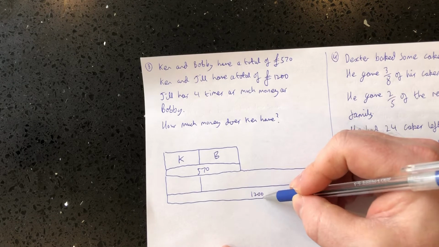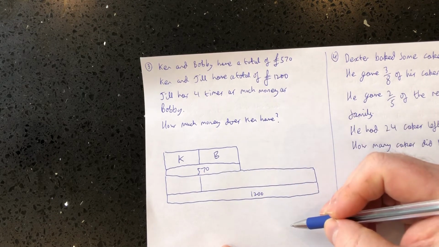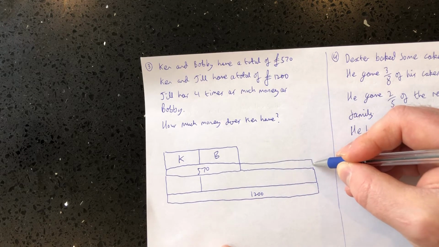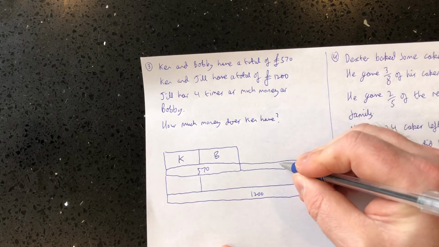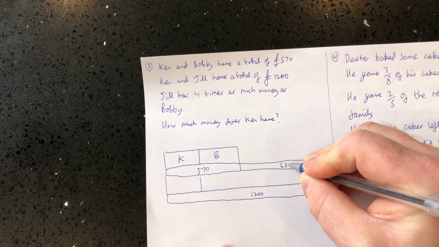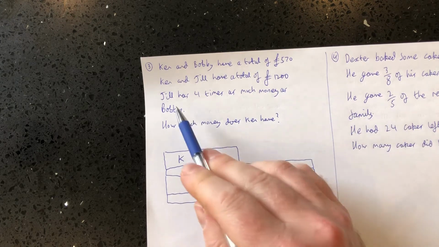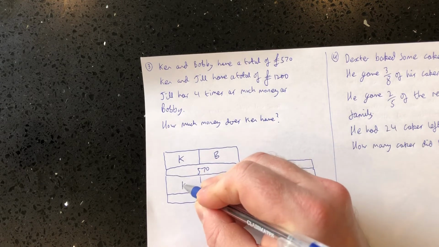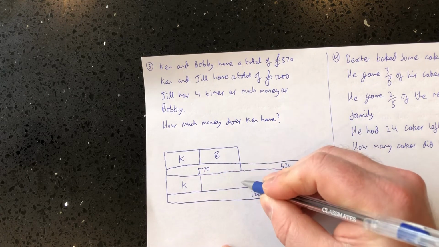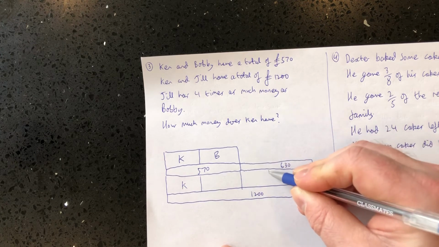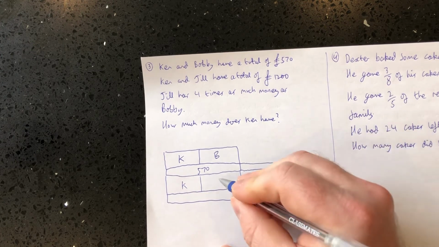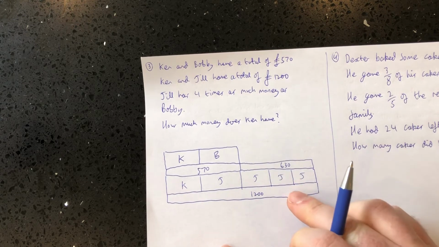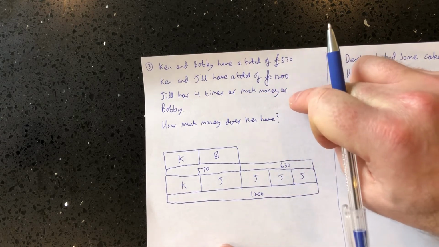So you can kind of see where we're going with this. We've got this difference here, 1,200 minus 570 means that this lot here is going to be worth 630. So if we fill this now in, Jill has 4 times as much money as Bobby, so this is still Ken. 4 times as much means this is Bobby, 4 times as much. We split this into another 3. So this is Jill, Jill, Jill, Jill. Jill has 4 times as much money as Bobby.